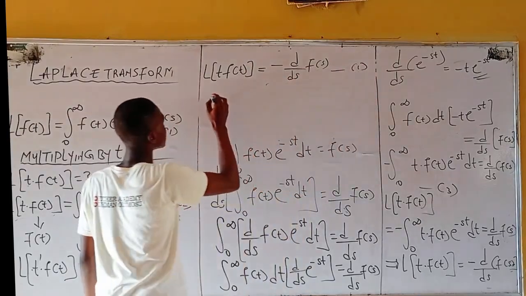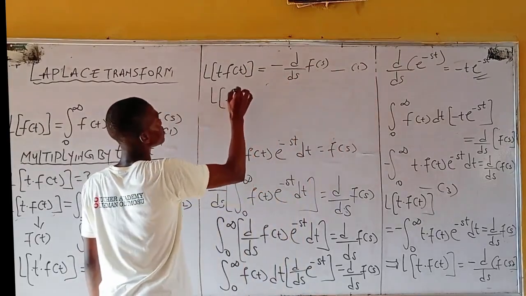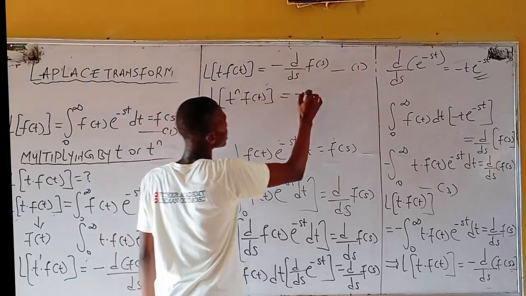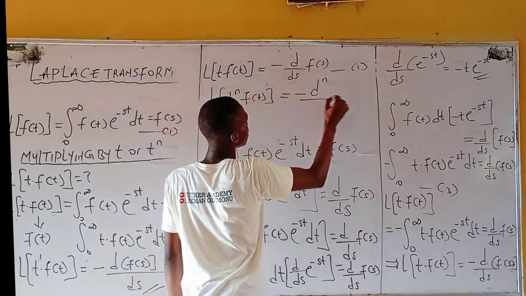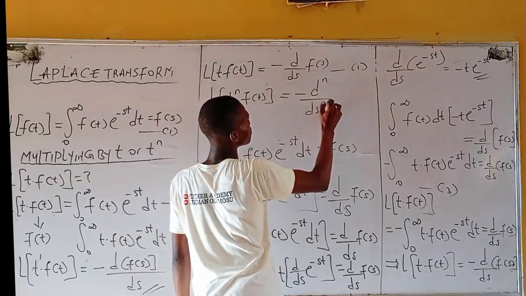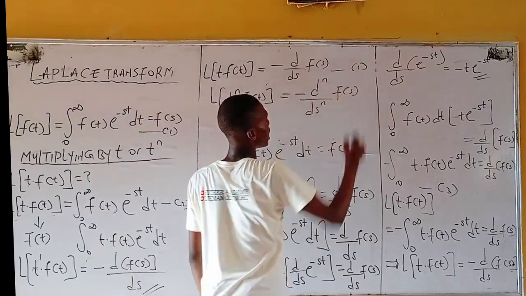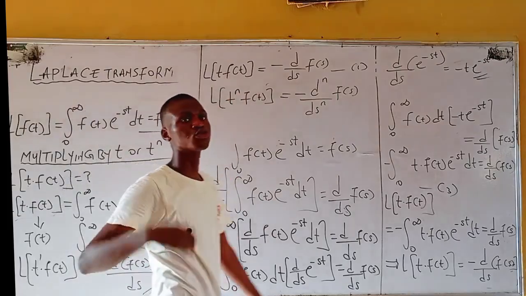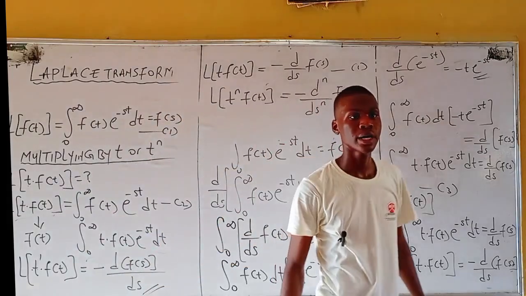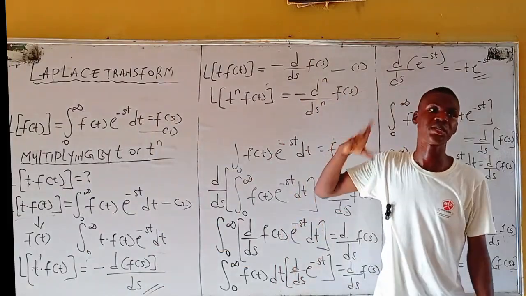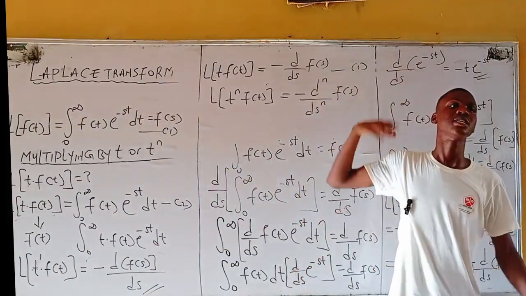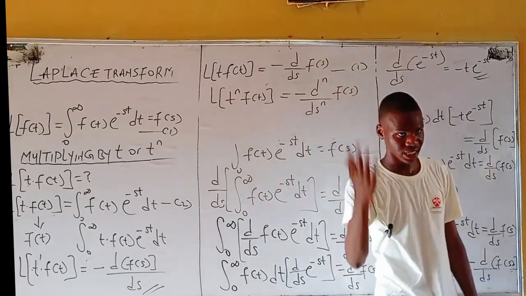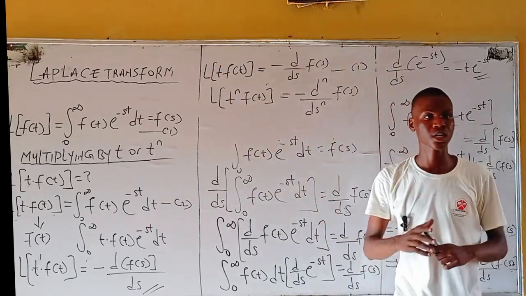The second one: the Laplace transform of t raised to the power of n multiplying f of t is equal to negative d all raised to the power of n, all divided by dx raised to the power of n, multiplying f of x, meaning the nth derivative, where n is a real number. If it is t raised to the power of 4, differentiate 4 times. If it is t raised to the power of 6, differentiate 6 times. That's what the second theorem is saying.